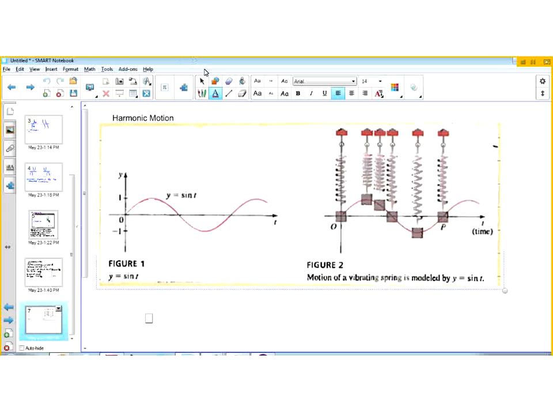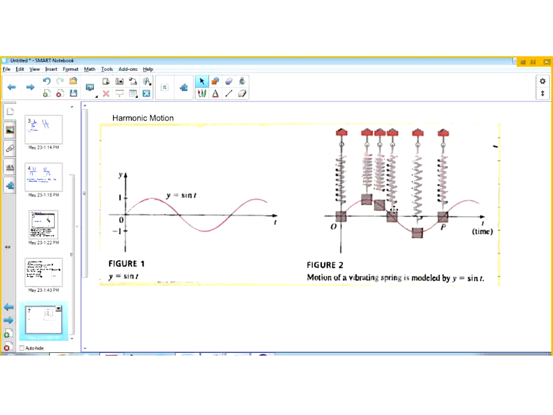Okay, so harmonic motion. Here's an example. So look at the graph of y equals sine of t, and compare the math graph with the vibration. Okay, so this red thing is where the spring is attached to a fixed platform. And here we have a weight at the end of the spring, and you tug on the weight, and you see that the weight bobs up and down.